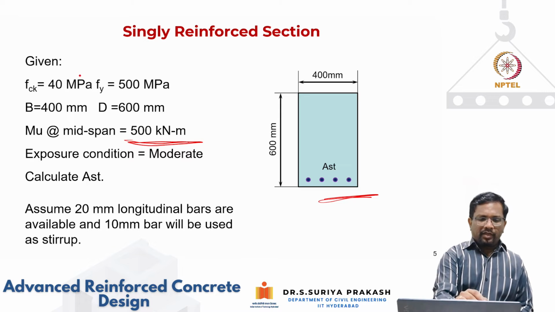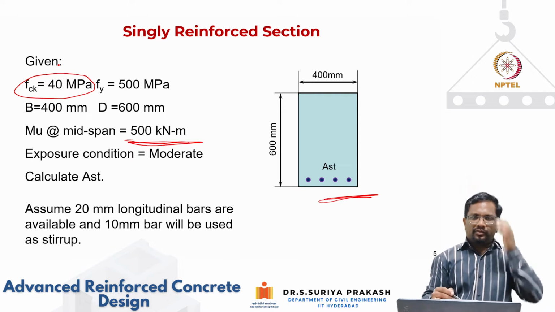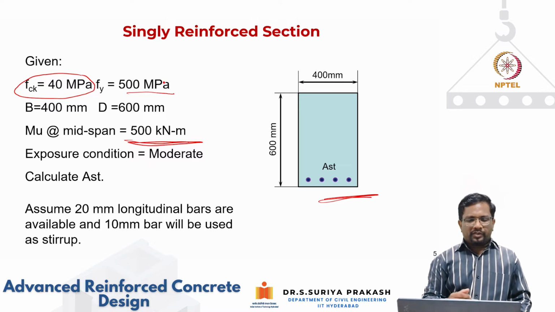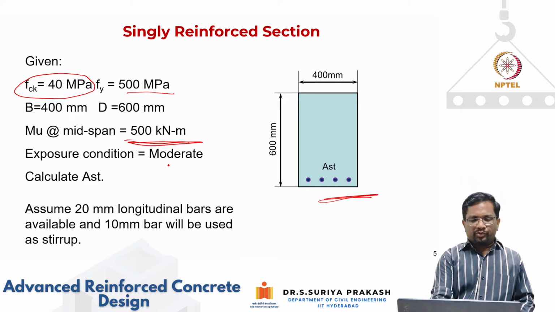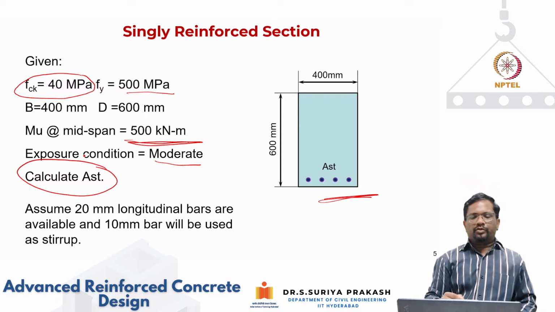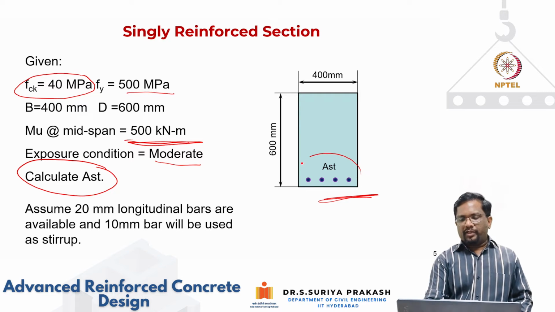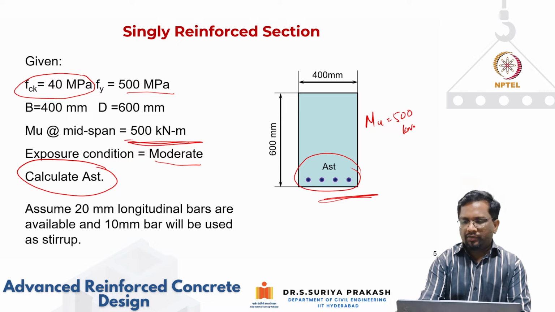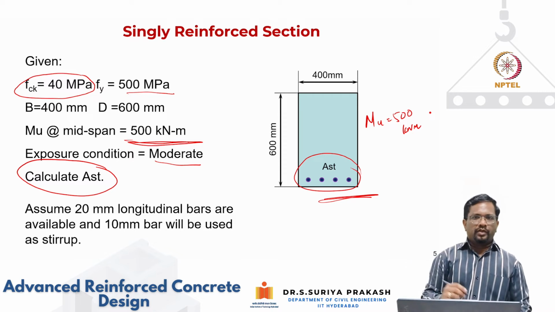Let's say that I'm taking a characteristic strength of concrete of 40 megapascal, the grade of steel is 500 megapascal, and this beam is exposed to moderate conditions. What is required is that we need to calculate the amount of steel required in tension for a moment demand Mu equal to 500 kilonewton meter. So that is what we are looking at.